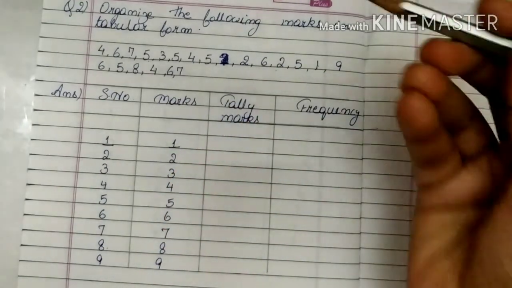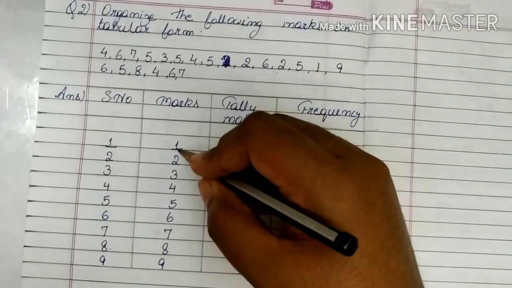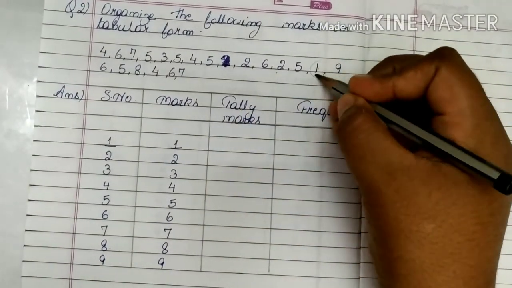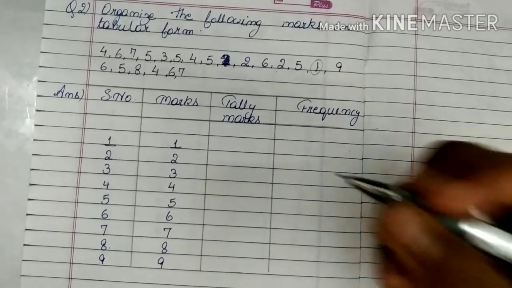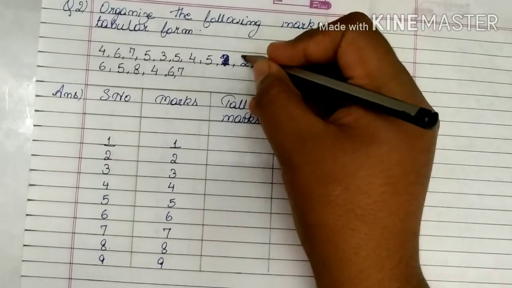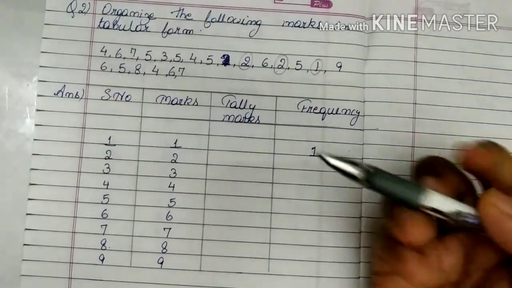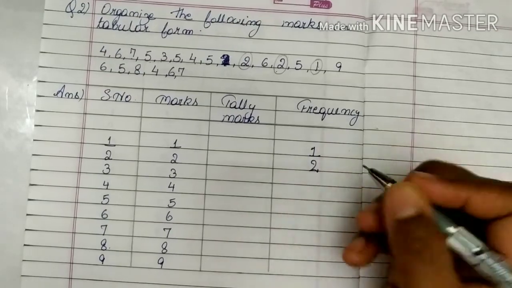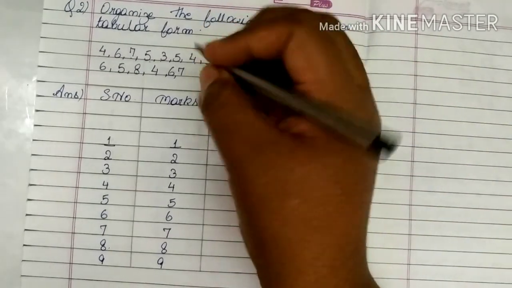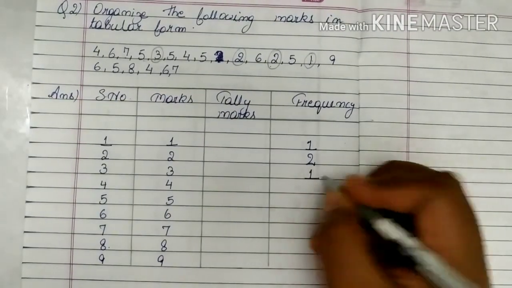Let's take a pencil and mark out the numbers which you have counted. Number 1 is repeating only once, so write down the frequency as 1. Number 2 is repeating twice, so mark it out and write 2. Number 3 is repeating once, so we'll write 1.